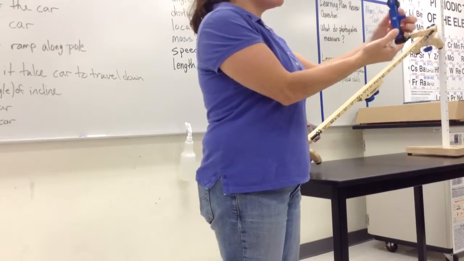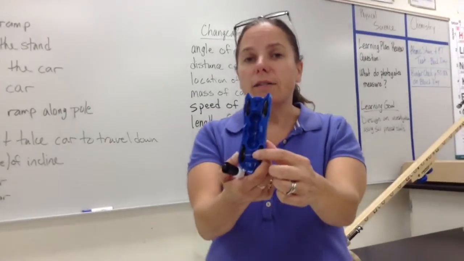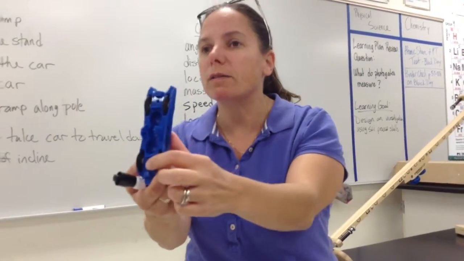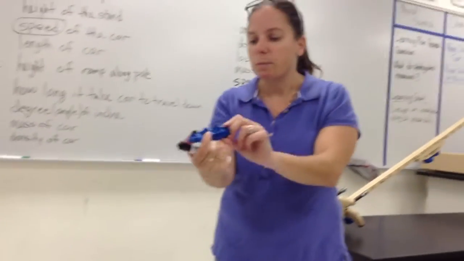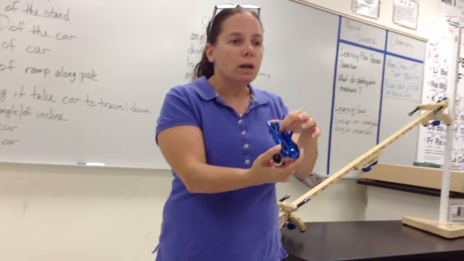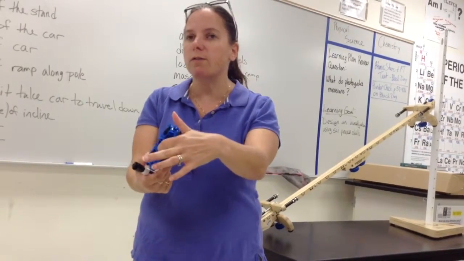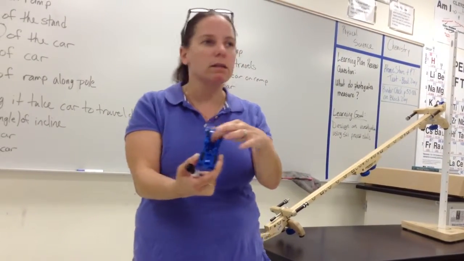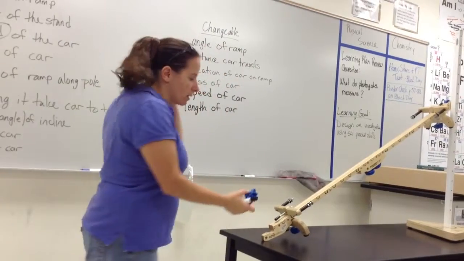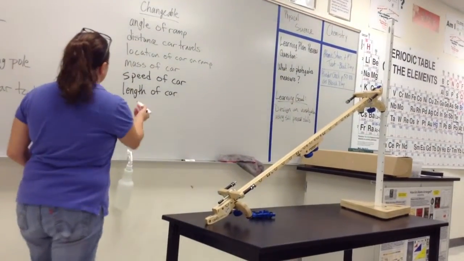Do you see how there's little spaces here? Add weight to it. Yeah, so you can add weight to the car, but what else could you do? Take weight out. Make this car smaller. Well, I could change the location of the weight, right? Have it in front, middle, or back. Yeah, so definitely we'll put that up there. It's kind of small to see. Okay?